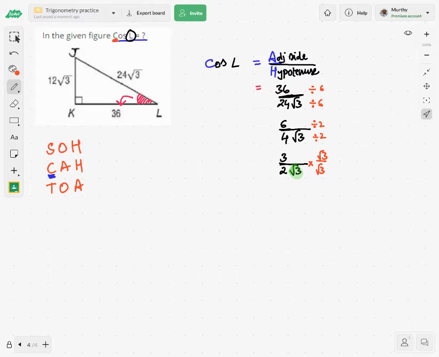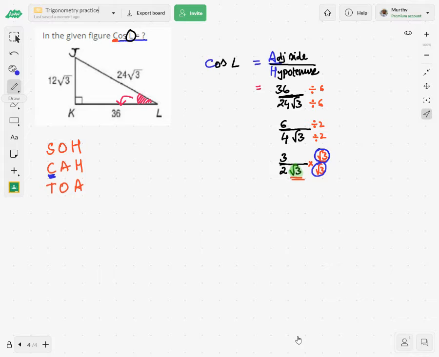I repeat, I'm not dividing here, I'm multiplying. There should not be any radical sign in the denominator.